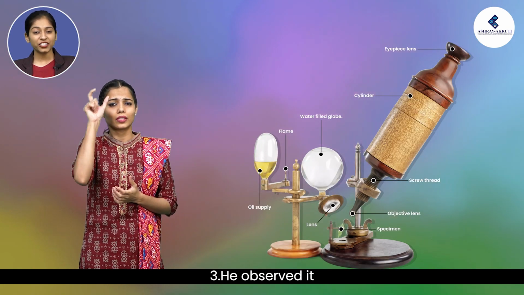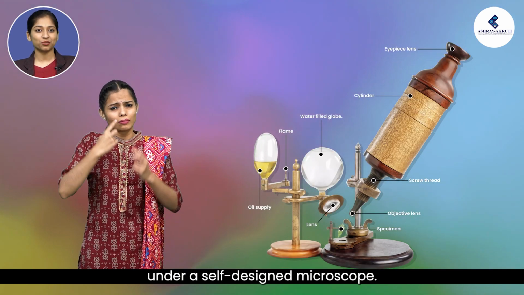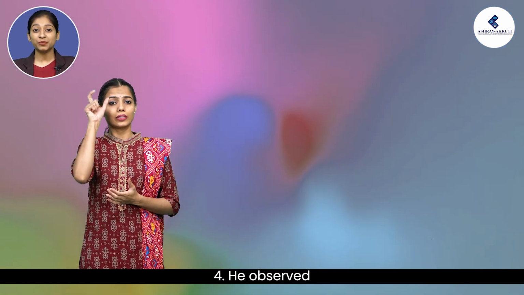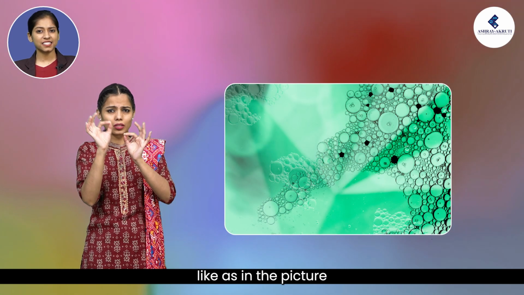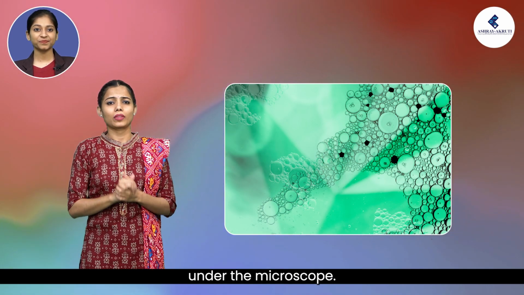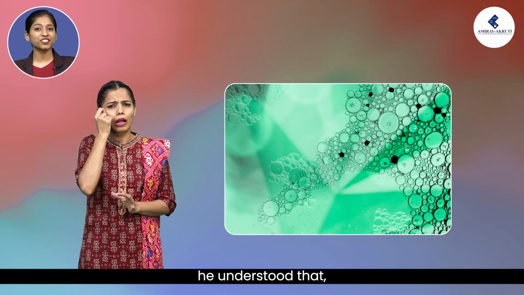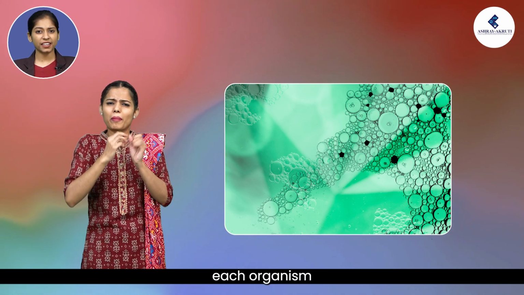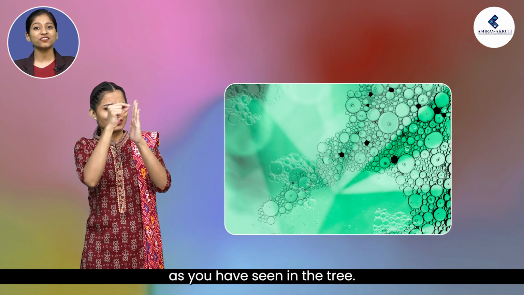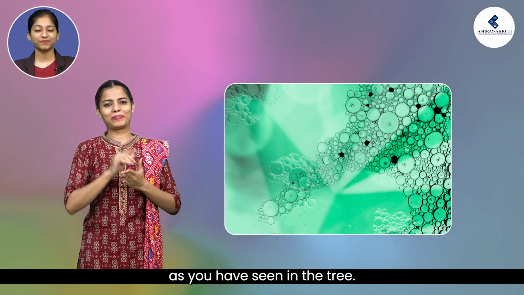He observed it under a self-designed microscope. He observed the cells as in the picture under the microscope. Finally, he understood that each organism is made up of millions of cells, as you have seen in the tree.